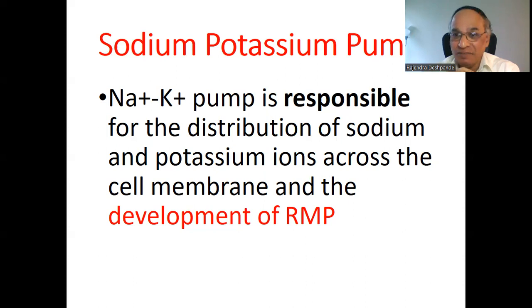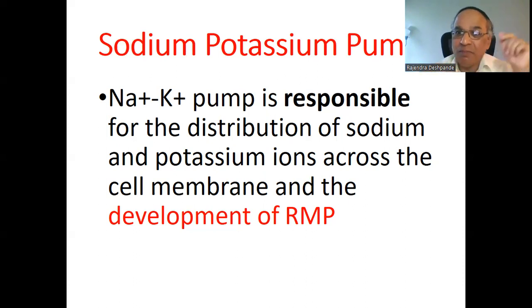RMP is changed, polarity change, and that polarity change is called depolarization. Don't forget this name. When the resting membrane potential is changing, that is called depolarization.